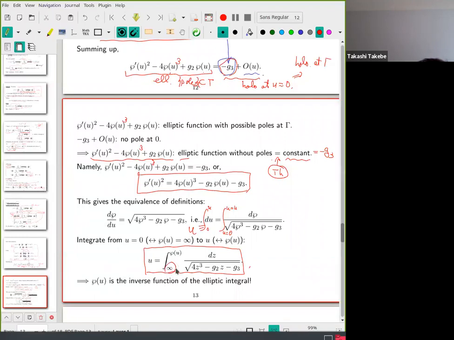Why infinity? Because we have to integrate this one-form from a point where u is equal to 0. U equal to 0 means P is infinity. And here we have u, which means that we have to integrate this one-form from infinity to P of u.